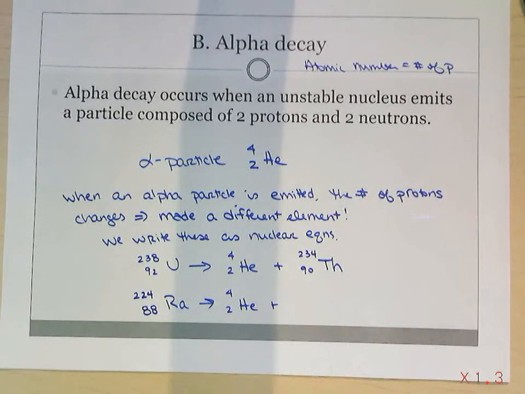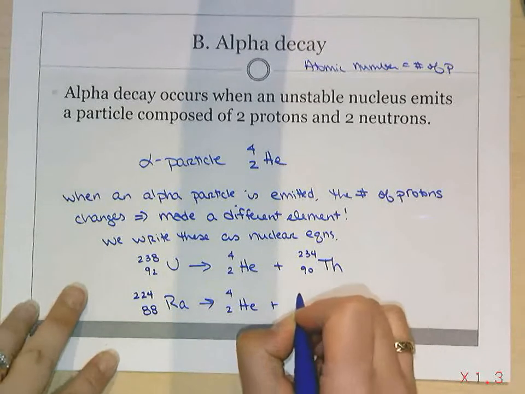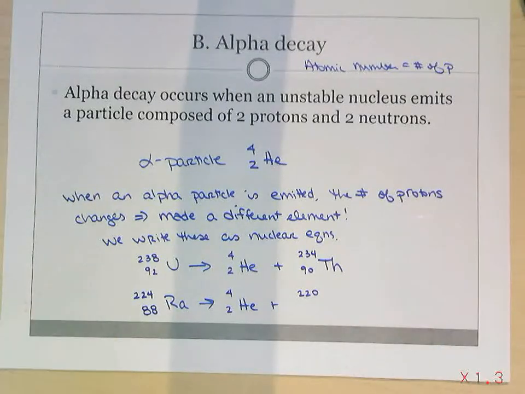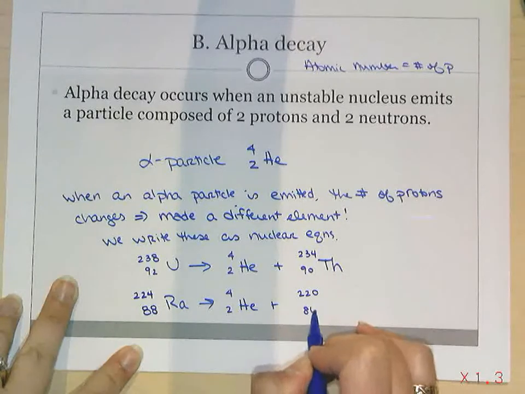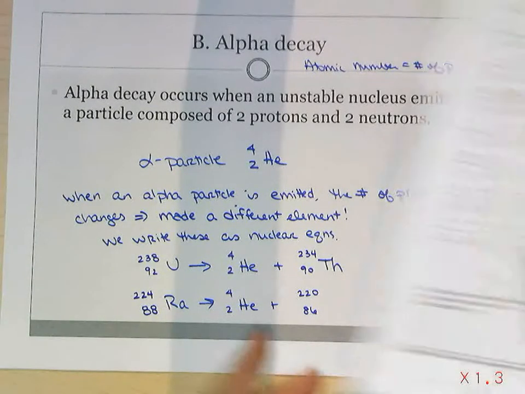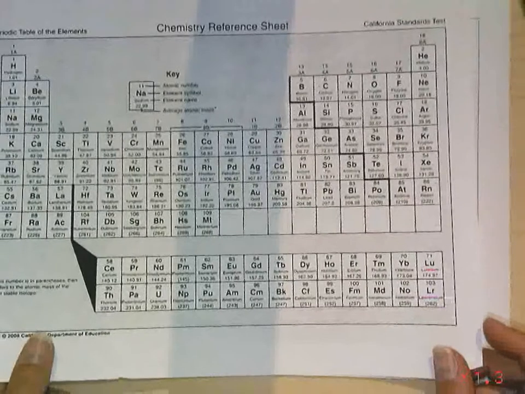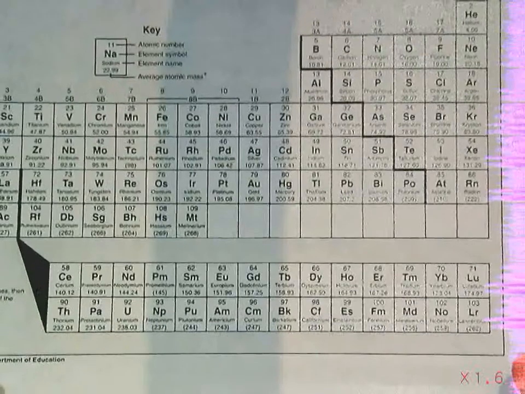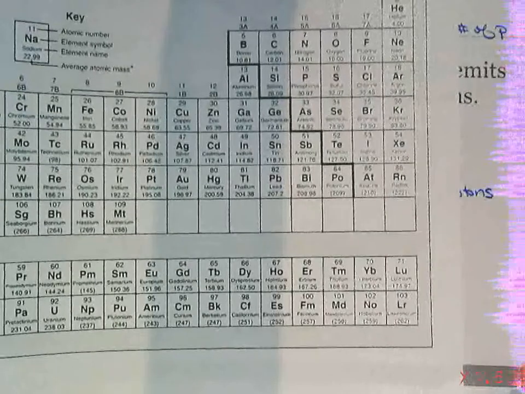What would be the new mass number for this element? 220. What's its new atomic number? It's over here, radon.